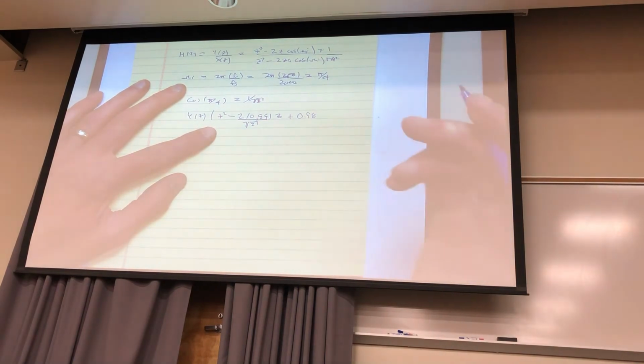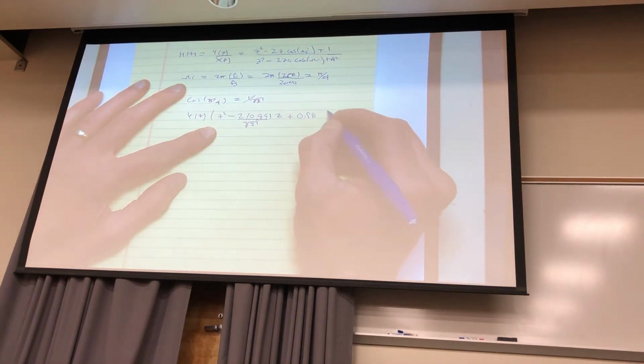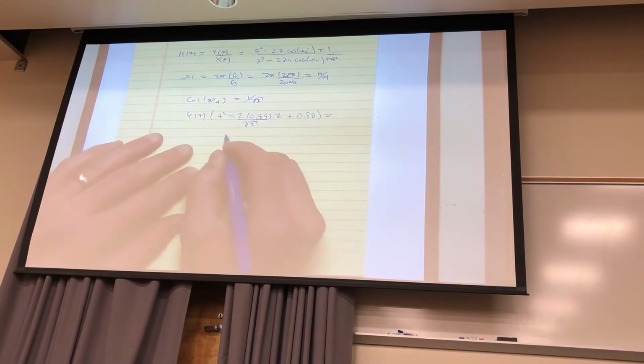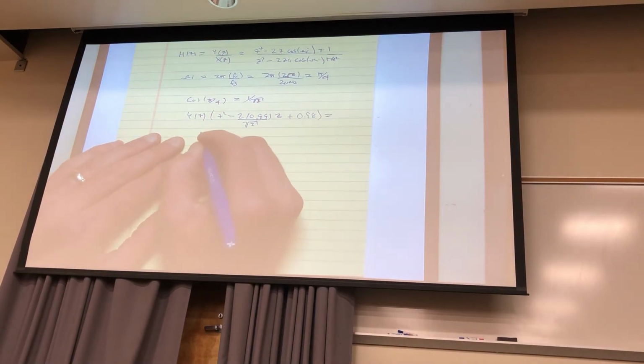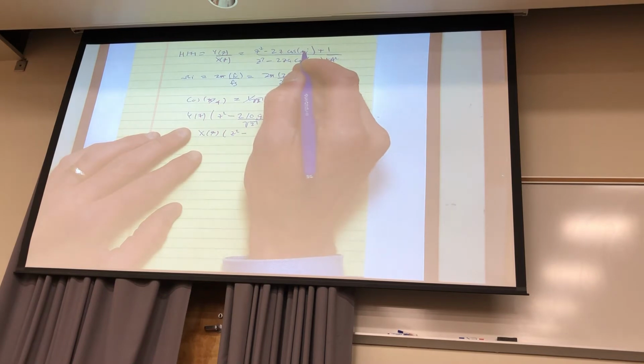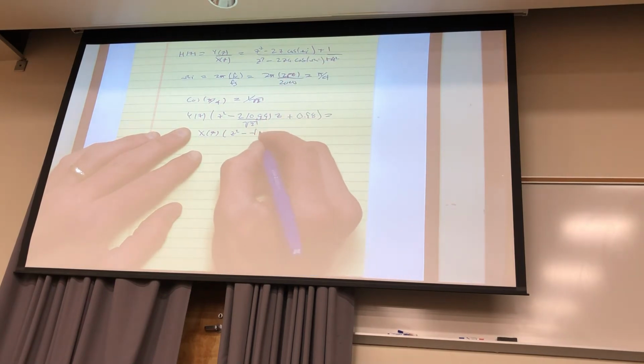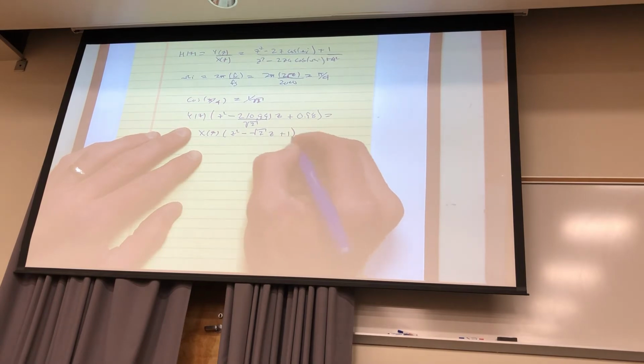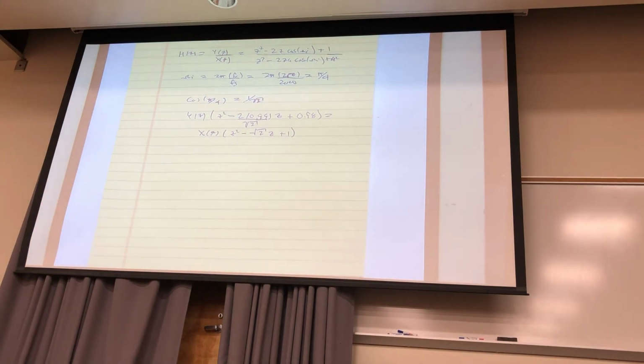Any form was correct. You have that, right? And that's equal to X(z) times z squared minus, well, 2 divided by square root of 2 is really just square root of 2, I can leave it like that, times z plus 1. So something like that should show up. I don't know the version. Everybody's going to find a different way to write this, but that's basically what you're looking at.